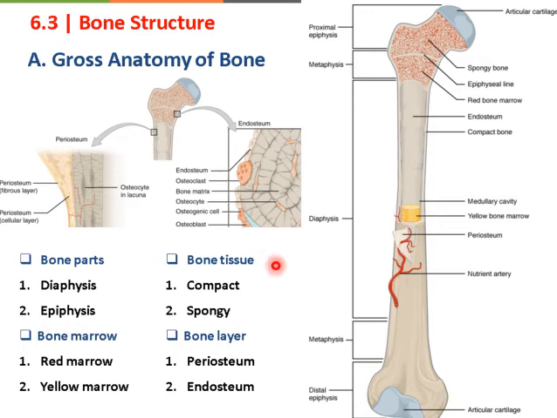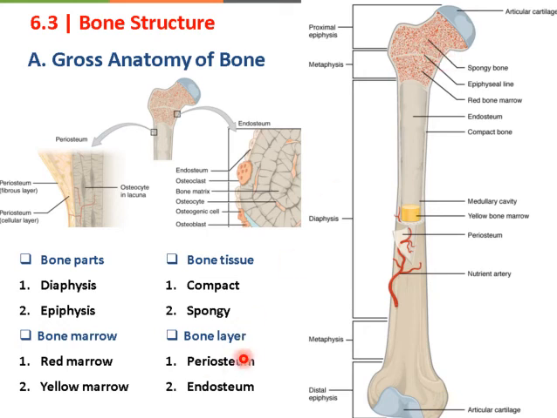Also, we have to know that we have bone tissue, 2 types of bone tissue. We have compact bone, which is the outer surface, and the spongy bone. The compact bone is very hard and composes the outer surface, and the spongy bone is inside and it is trabeculated, meaning a network-like structure with spaces, hosting the red bone marrow.